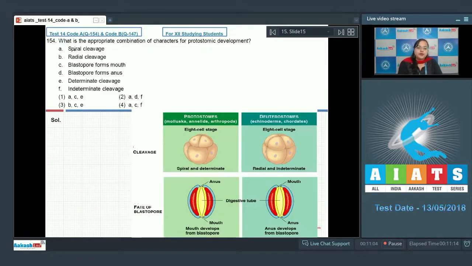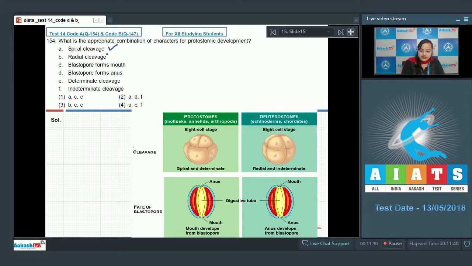Question 154. What is the appropriate combination of characters for protostomic development? A is given, spiral cleavage. Spiral cleavage occurs in protostomic development, and in spiral cleavage, the plane of cleavage is oblique to the axis of the egg, and the blastomeres are spirally arranged.